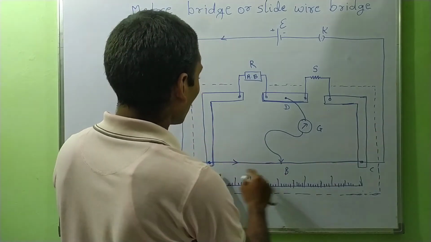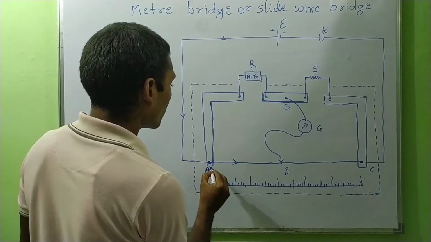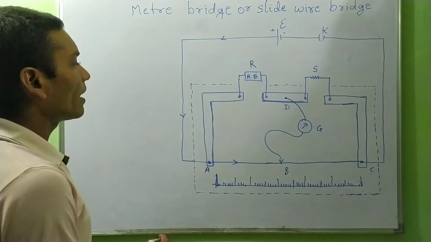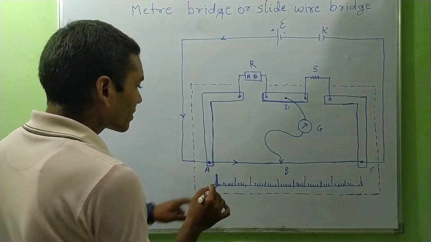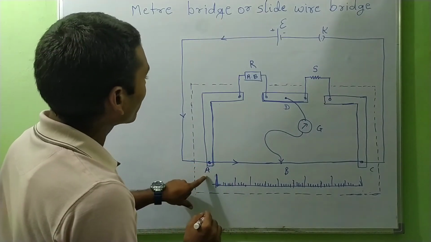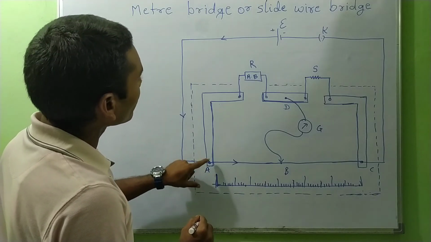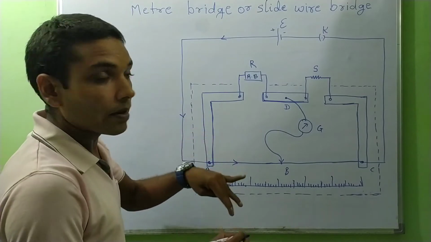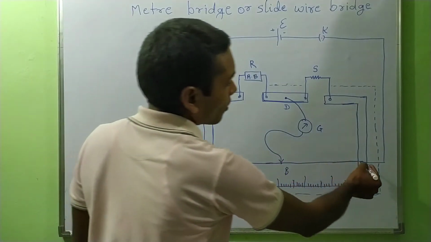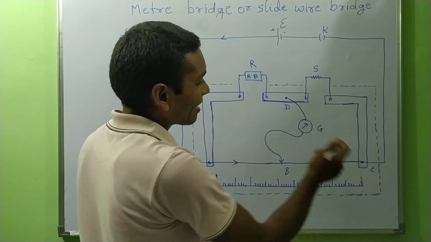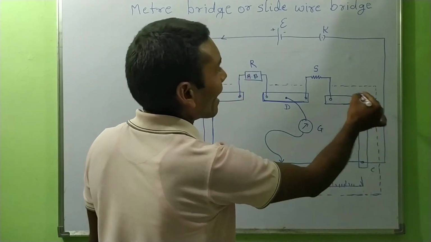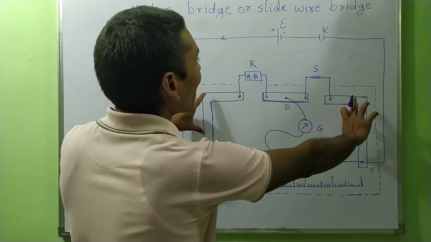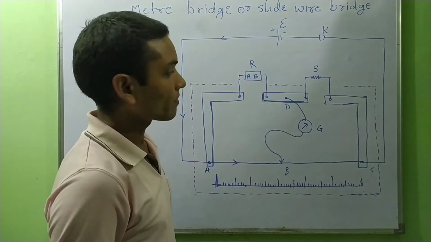This is the 1 meter wire A and C. The first end of this 1 meter alloy wire is soldered with an L-shaped strip of copper, and the other end of this wire is also soldered with an L-shaped copper strip. These are the two L-shaped copper strips.